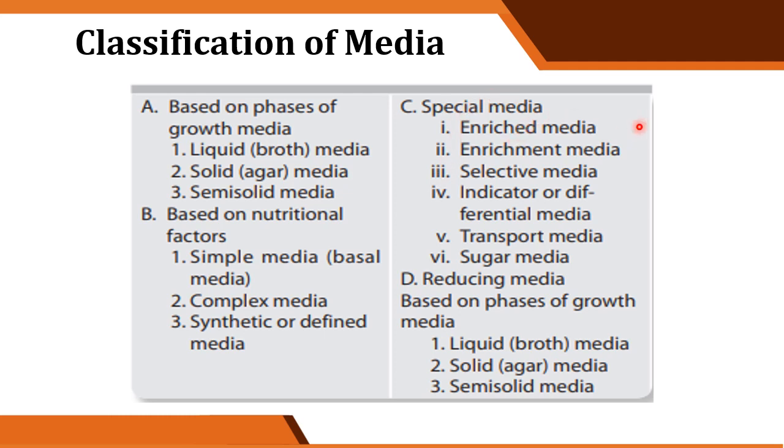Next we have special media. We have different types: enrichment, selective, indicator or differential, transport, and sugar media. We will go through those one by one. And then last, we have based on phases of growth. Okay, that was repeated already.